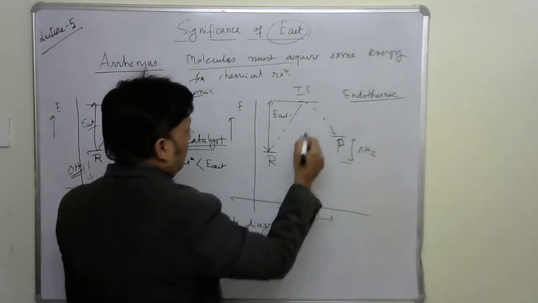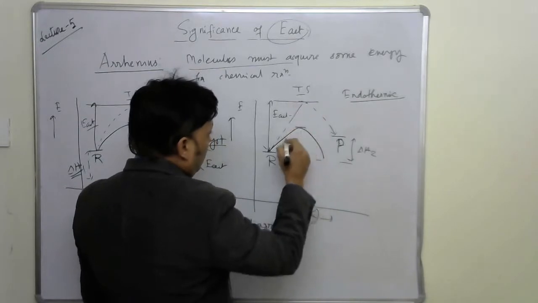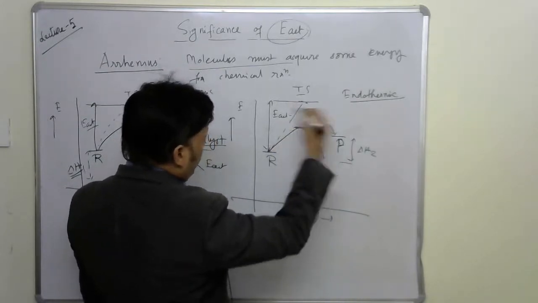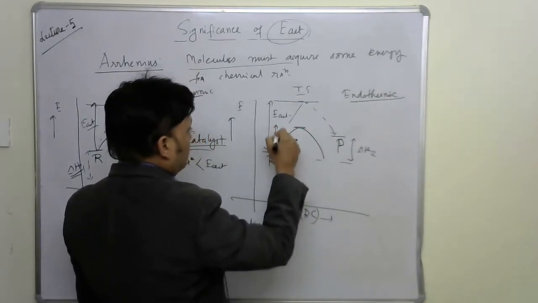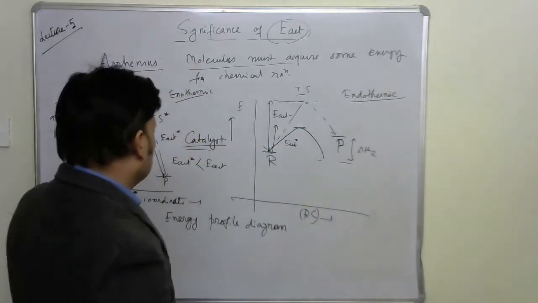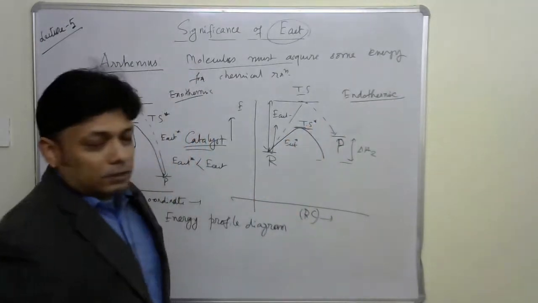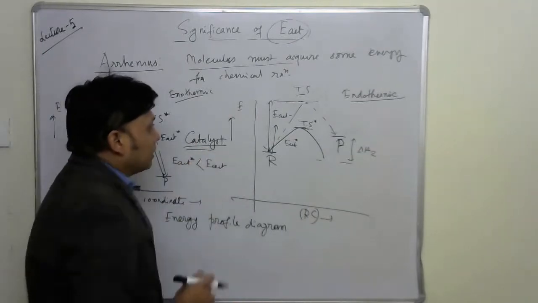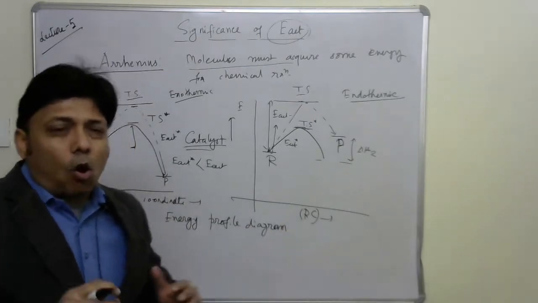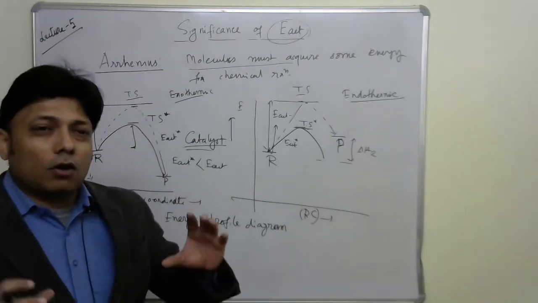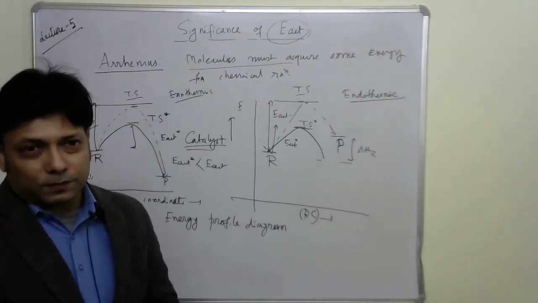The same thing over here. We have a new energy of activation, EACT star, this much, and so this is the new transition state. So the job of the catalyst is to offer an alternate pathway involving a lower energy of activation.